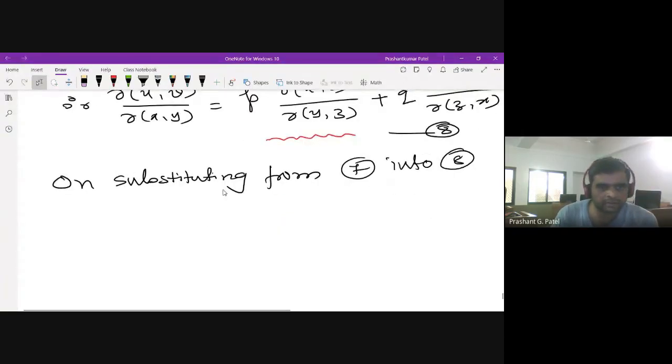That is what you will have: small p into capital P plus small q into capital Q equal to R. This is the thing we got by substituting.